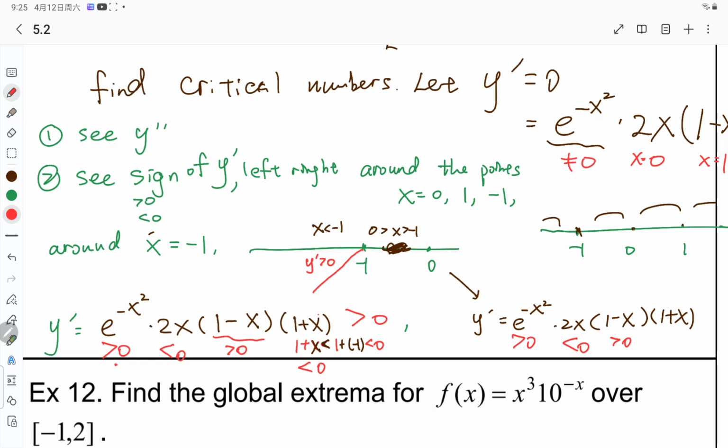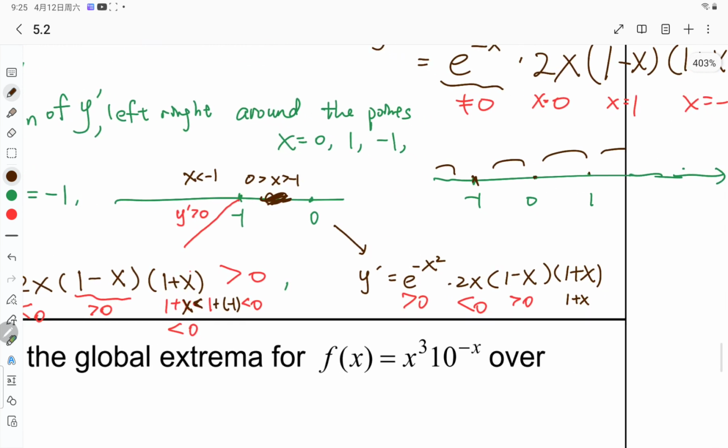And then 1 plus x here, right? So x is greater than -1, so I'm plugging in this relation: 1 plus x is greater than 1 plus -1, which is greater than 0.